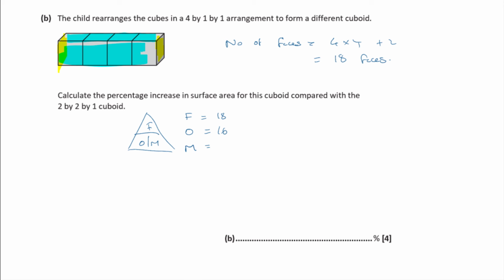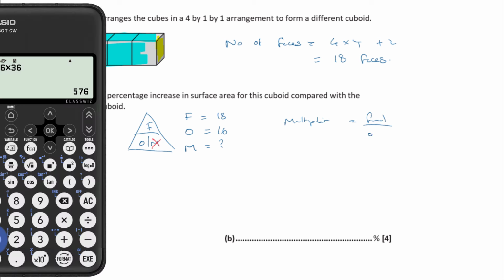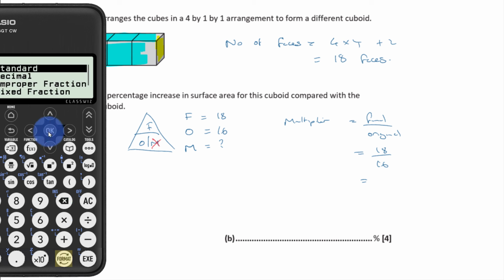And then the multiplier, that's the thing I want to find, isn't it? I want to work out how it's changed. So covering up the thing I want to find, multiplier, that is final divided by original. So multiplier equals final over original, which is 18 over 16. What's that then? 18 divided by 16 comes out to be 1.125.